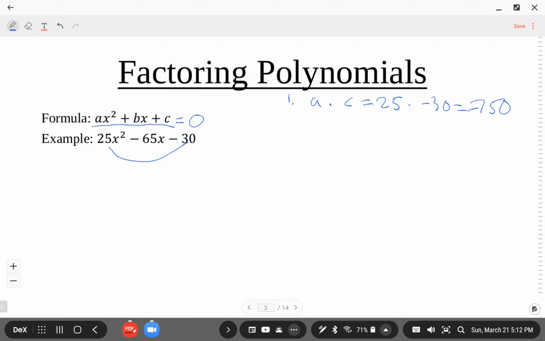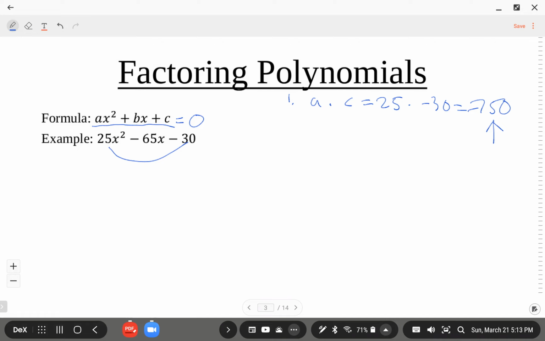So next what we're supposed to do is find two numbers that multiply to negative 750, and those two numbers also have to add up to negative 65.